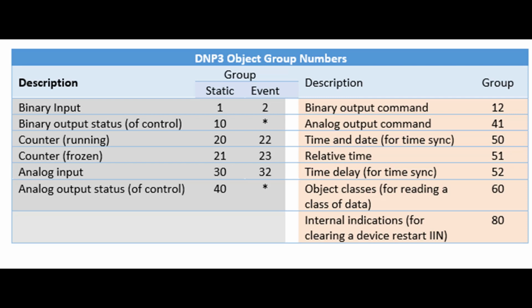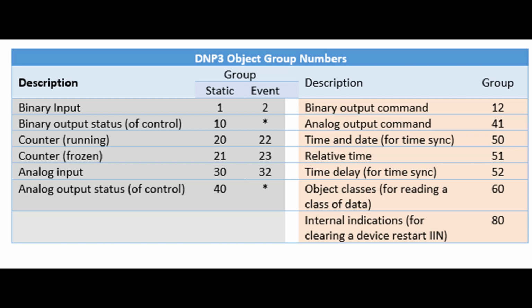And for many of these object groups, there may be more variations than discussed. This class is considering only those object groups and variations that are part of DNP3 subset levels 1, 2, or 3. Having said that, DNP3 subset levels 1, 2, and 3 allow the following object groups.